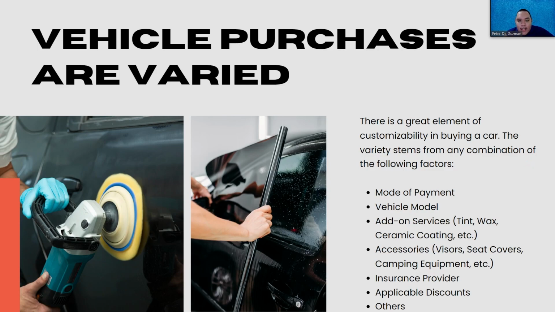Okay, let's go through the reasons one by one. Let's go a bit in depth on them. So reason number one, I said vehicle purchases are varied. There is a great element of customizability in buying a car. The variety stems from any combination of the following factors: mode of payment, vehicle model, add-on services, accessories, insurance provider, applicable discounts, and other factors.